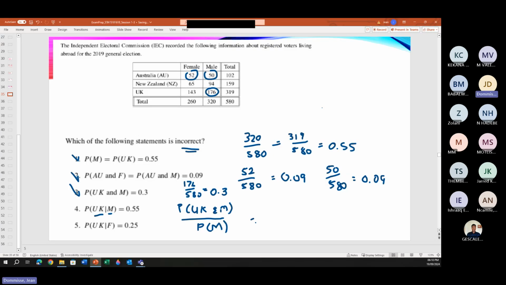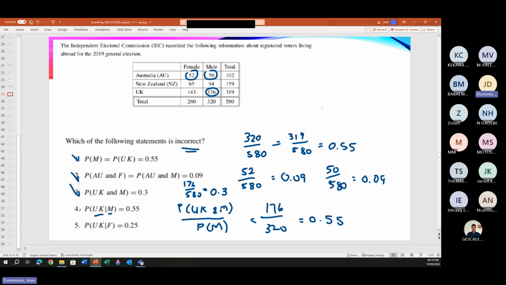Okay, so we have probability of UK and male, 176, divided by probability of male, 320. So if I work that out, 176 divided by 320 is equal to 0.55.